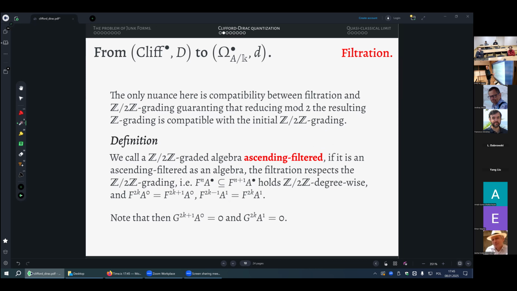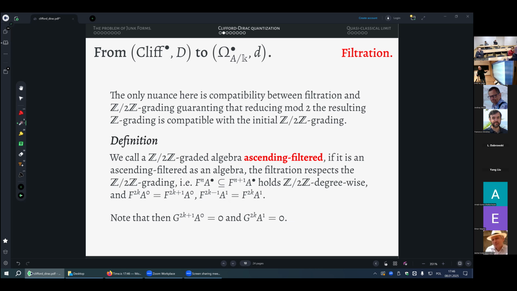So, having an ascending filtered algebra as before, we want to find conditions guaranteeing that the associated gradient is equivalent with the Z grading. Having a Z2 graded algebra with an ascending filtration, we call it a Z2 graded ascending filtered algebra.